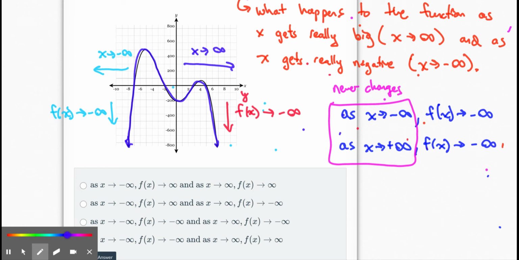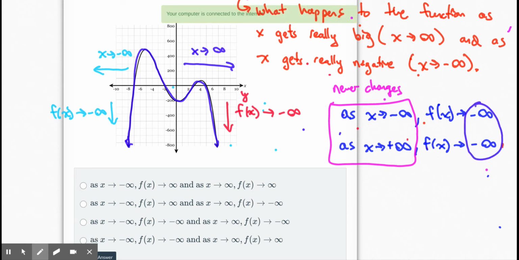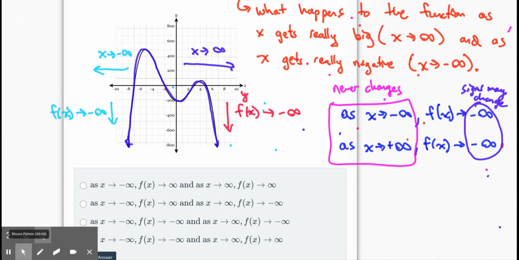The only part that's going to actually change is the signs of these. The f of x would actually be the same as well. You're always going to write f of x with a little arrow. That means goes to or tends to. And so the only thing that could possibly change is whether these are negative or positive infinity in all these solutions.